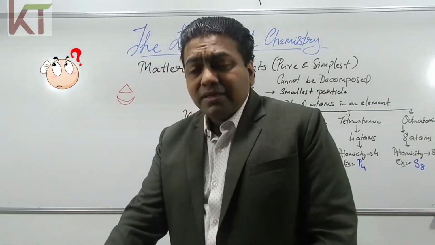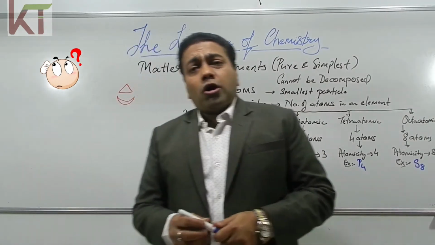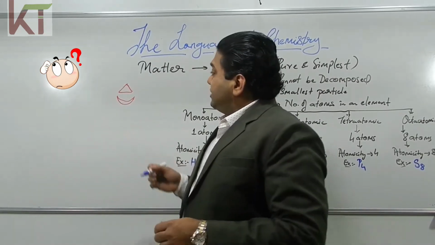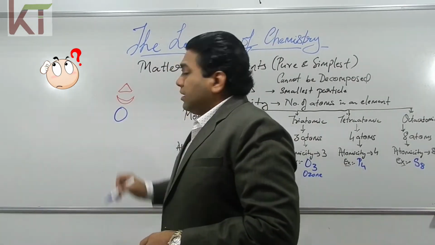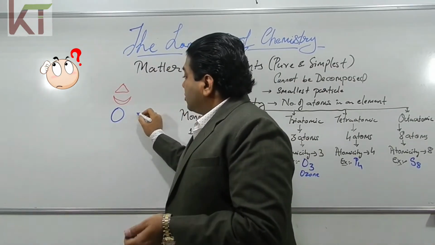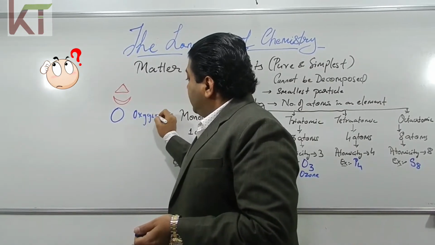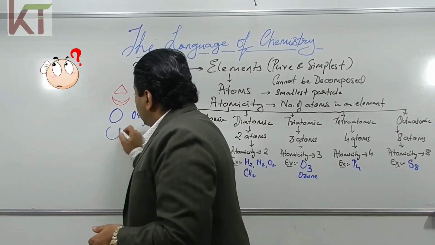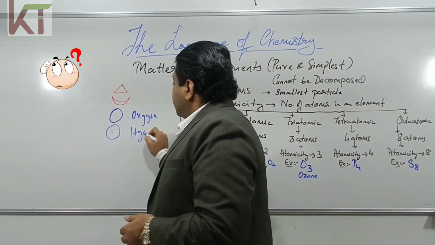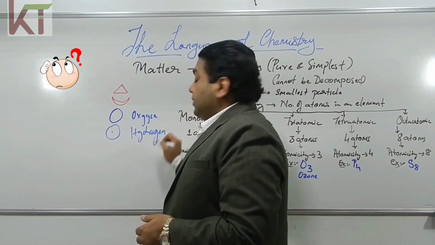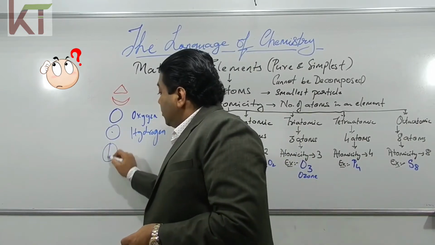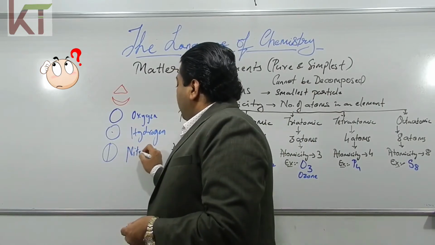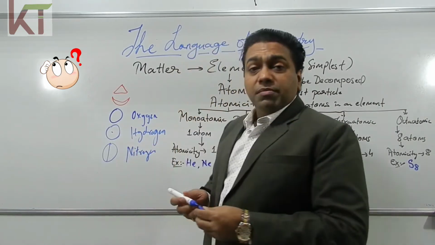So Dalton came up with a very good thought process to create a different form of symbol. Dalton said that a circle can be represented for oxygen, and a circle with a dot can be represented for hydrogen, okay, and a circle with a vertical line, a kind of diameter, can be the symbol for nitrogen.